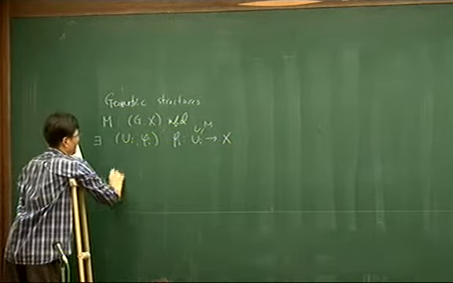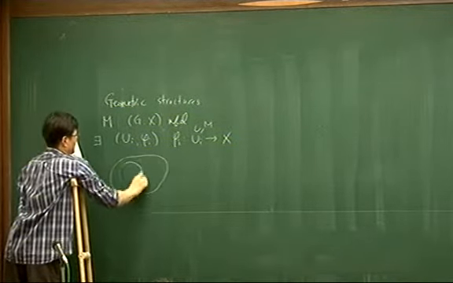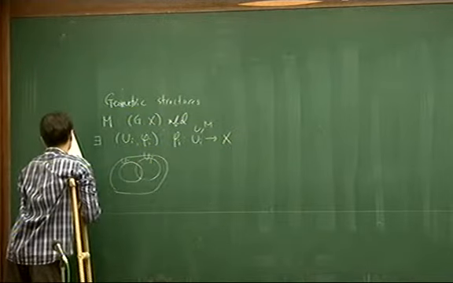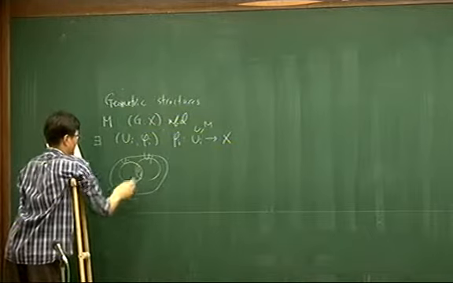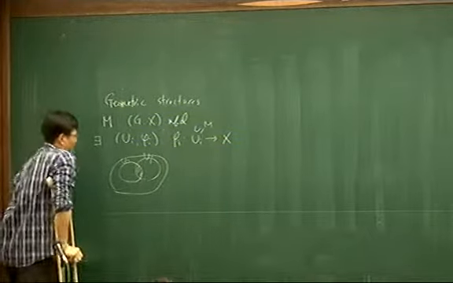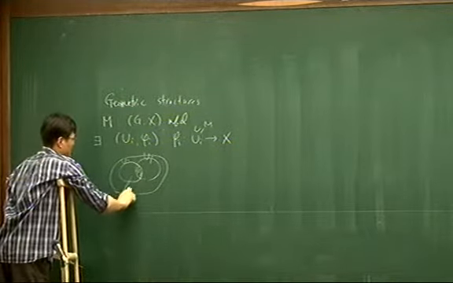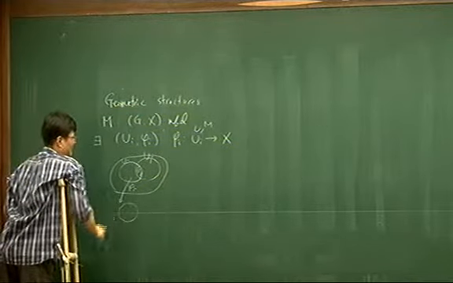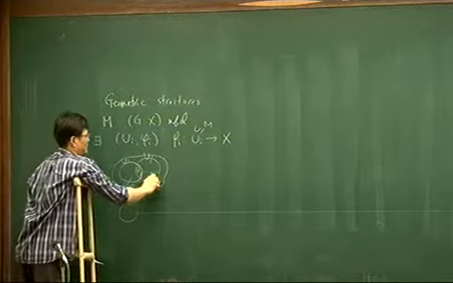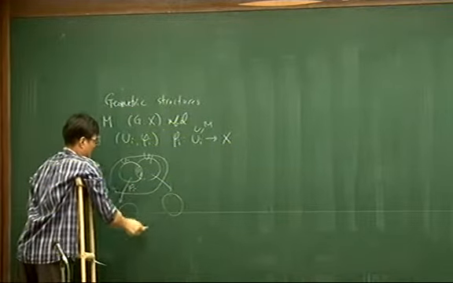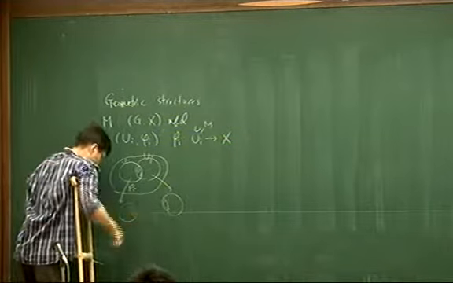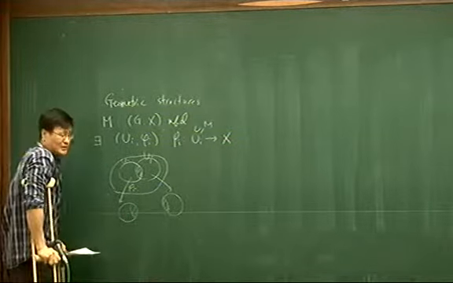Suppose you have a manifold here. So you have two overlapping charts. Then this is mapped to some open set in X, and this is mapped to another open set. So here is an image of this overlapped part.